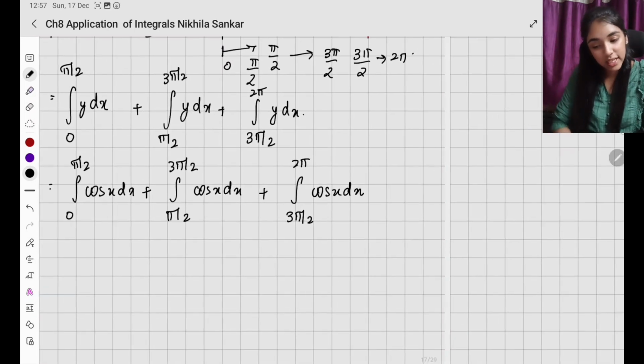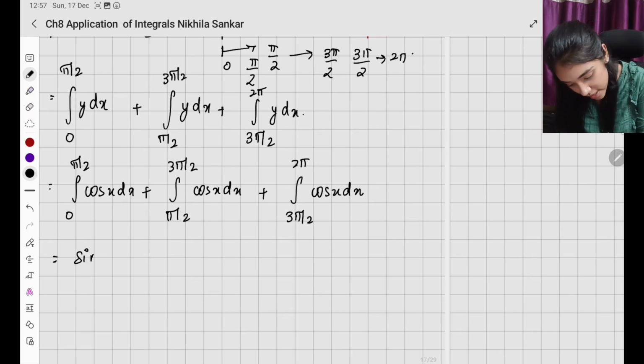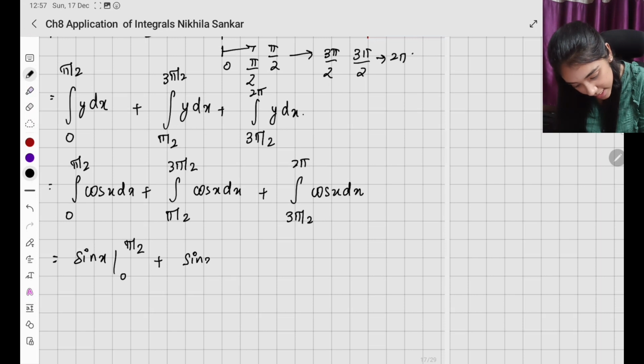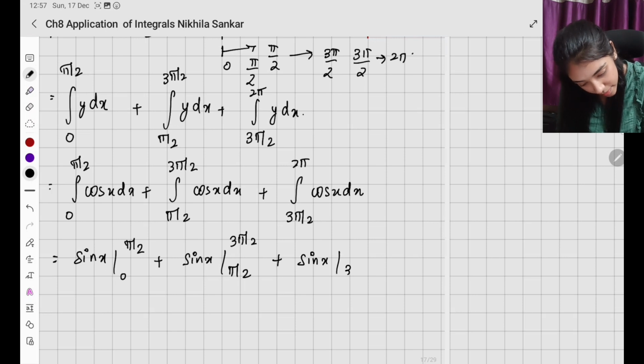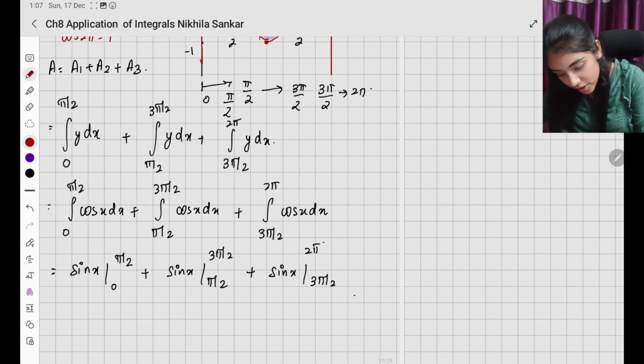Now what is the integral of cos x? It is going to be plus sin x. So I have sin x from 0 to pi by 2 plus sin x from pi by 2 to 3 pi by 2 plus sin x from 3 pi by 2 to 2 pi. Also here you have to remember that it is all within the absolute value. Correct?